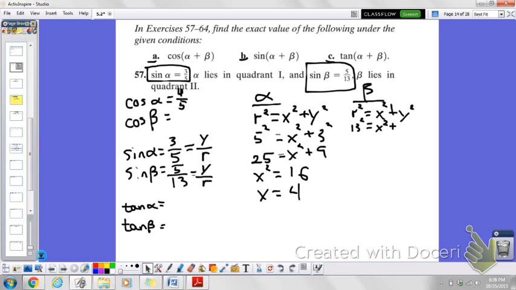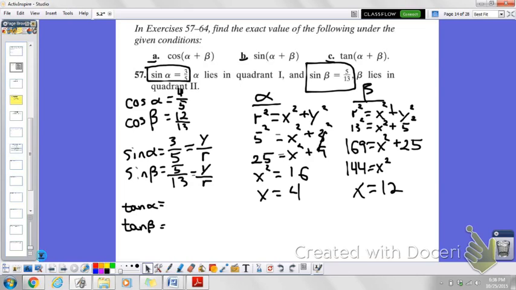And we know that y is equal to 5, so we will have 5 squared. 13 squared is 169, so we know that 169 is equal to x squared plus 5 squared, which is 25. So now we have to subtract 25 from both sides, so we know that 144 is equal to x squared, making x equal to 12, and then now we know our cosine of beta, which is going to be 12 over 13.